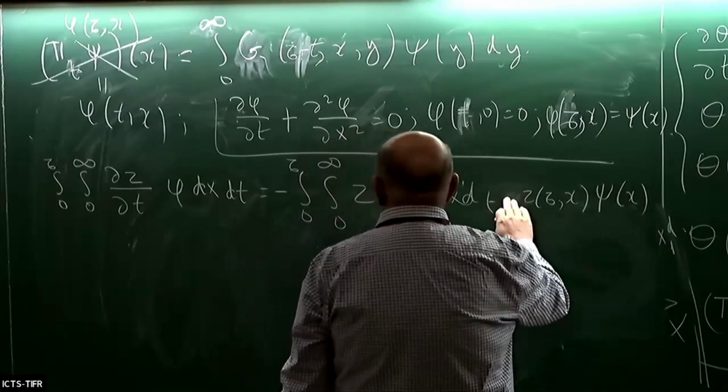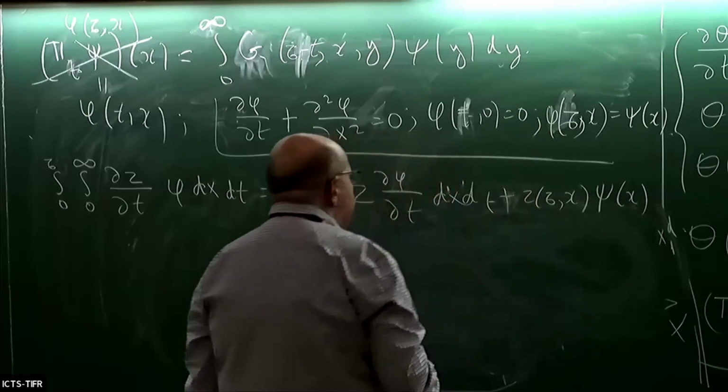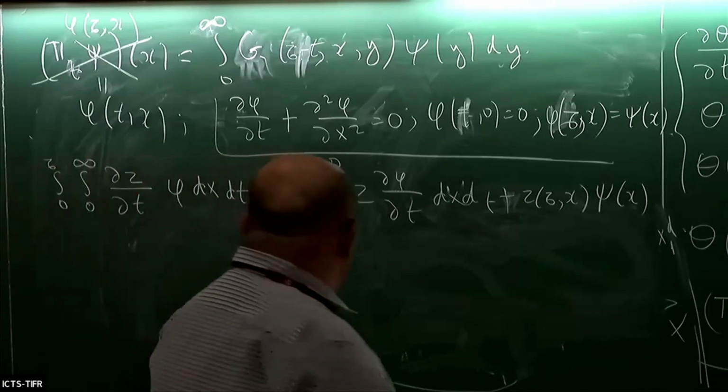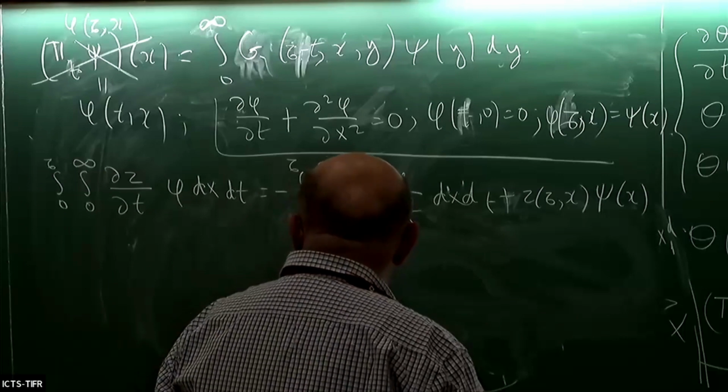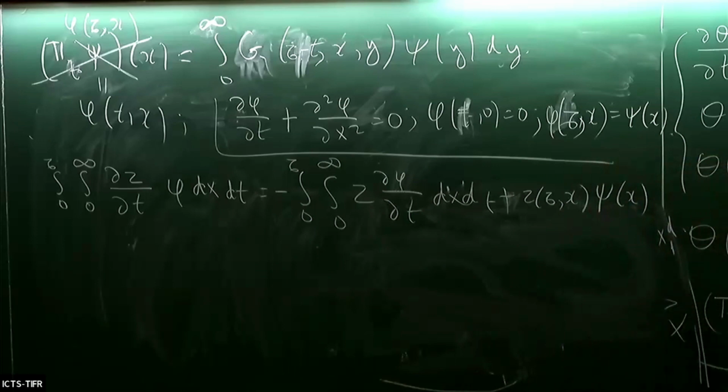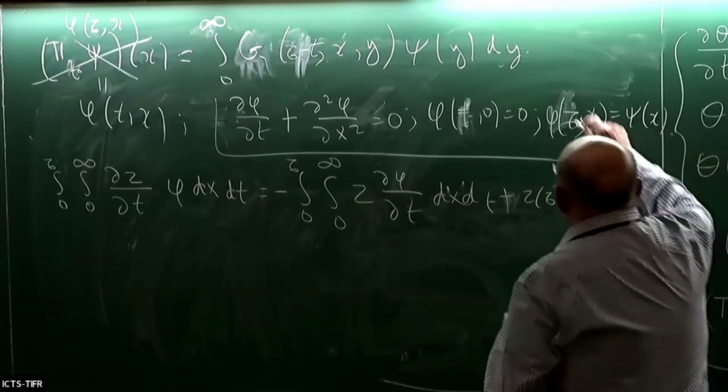So this will come with a sign plus: plus z of tau and x, psi of x. And at 0, it is 0, because I take also initial data z of 0 and x equal to 0.